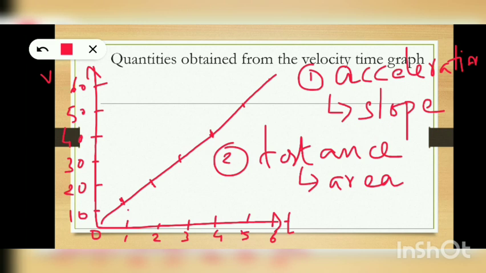So what are the two quantities obtained from the velocity time graph? First one is acceleration, obtained from the slope of the velocity time graph, and the second one is the distance traveled by the object for a specific time interval, which is calculated from the area below the velocity time graph.